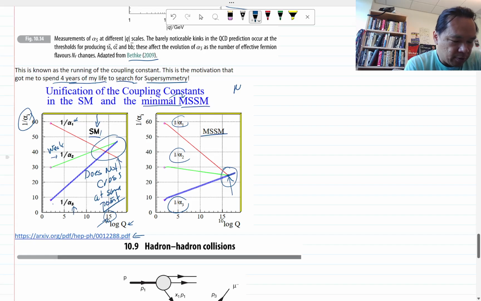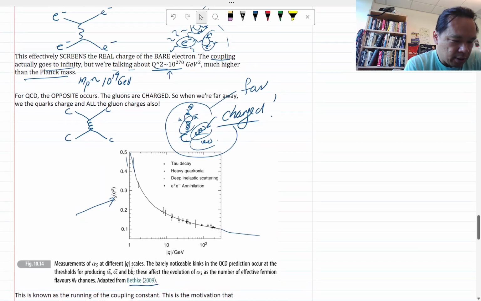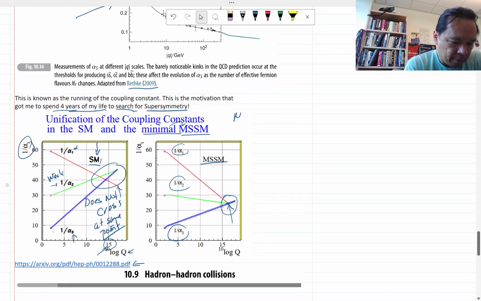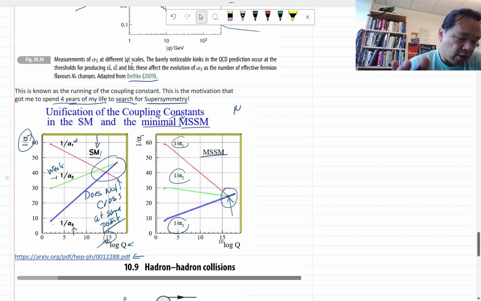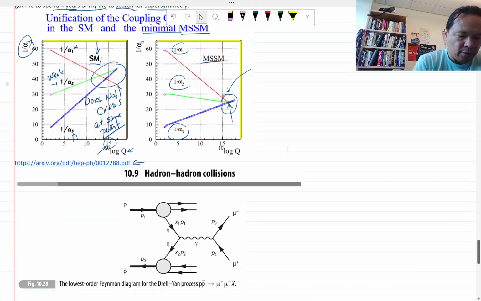So this is the reason why I wanted to make sure to cover this, in case you do see this argument for supersymmetry and the grand unification theory, where you're trying to pull the electromagnetic, the strong, the weak, and gravity eventually into the same theoretical framework.